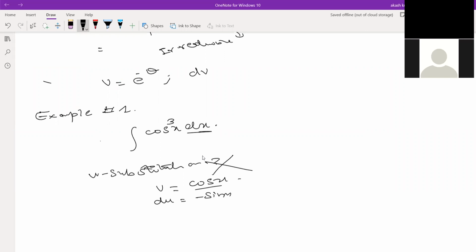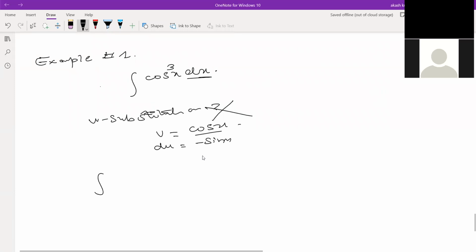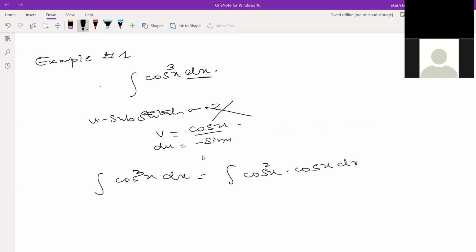Now we have to apply the trigonometric integration, which is the integral of cos cube x dx. Can I write my function as cos square x and cos x dx? I'm just going to break my cos cube x in this form, cos square x and cos x, because I have the same base, which is cos x, and the powers will be added, 2 plus 1, which becomes 3.